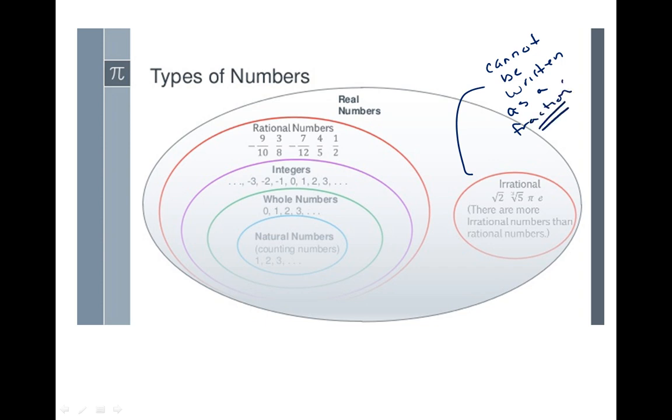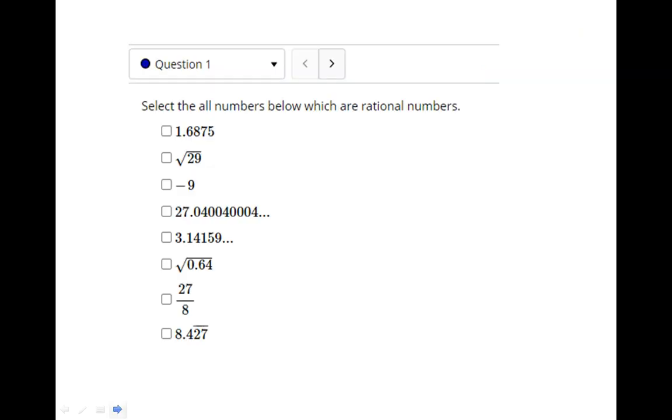Okay? So let's just practice a few of the exercises that you're going to see in the homework. Select all the numbers below which are rational. So rational, think, can you write it as a fraction? So 1.6875, you can write that as 1 and 6,875 ten-thousandths. It's a terminating decimal, so yes.